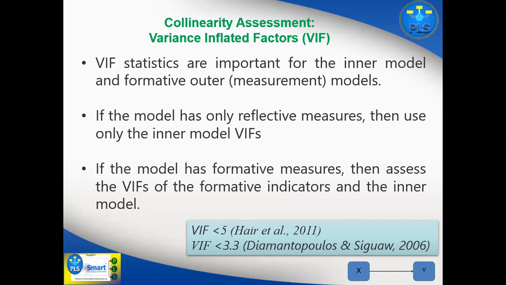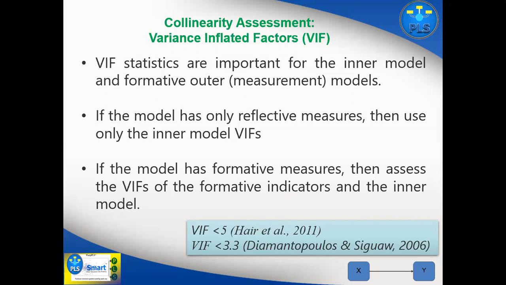Well, I beg your pardon, not like that. It's important for inner model of both formative and reflective, and is important for outer model for formative construct. When we say outer model, we are talking about the measurement model.